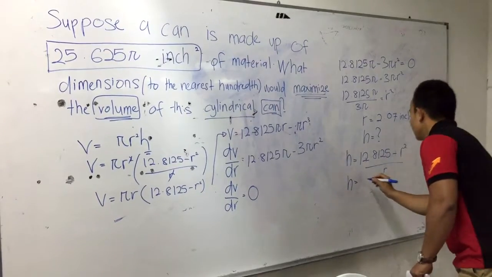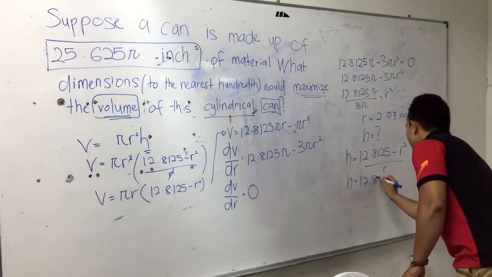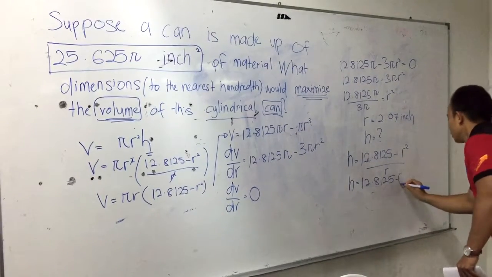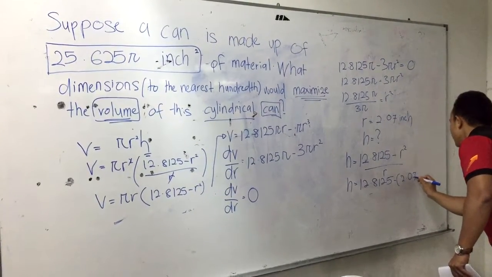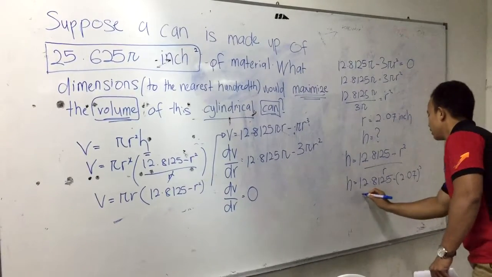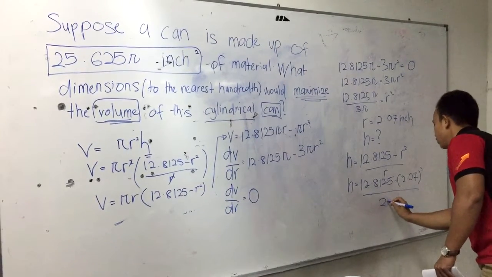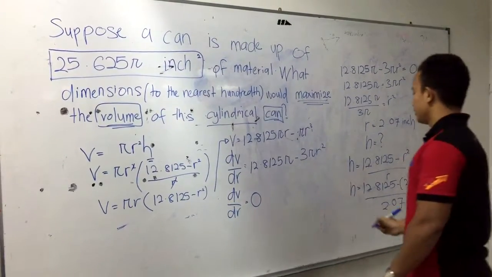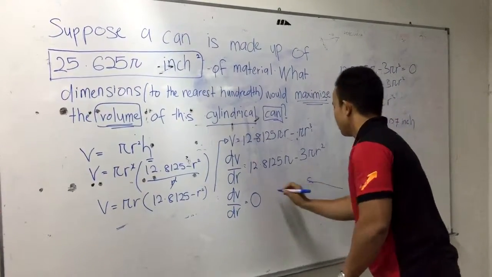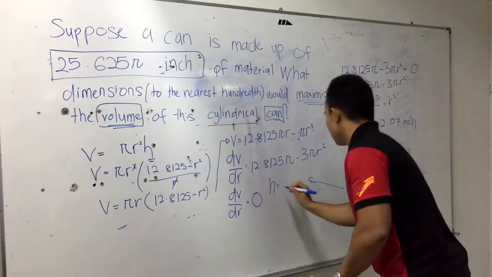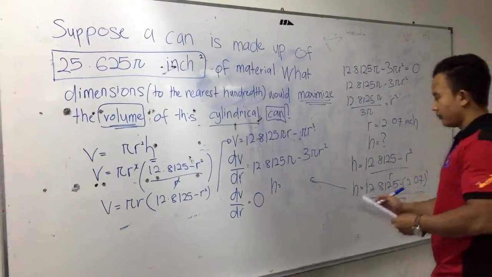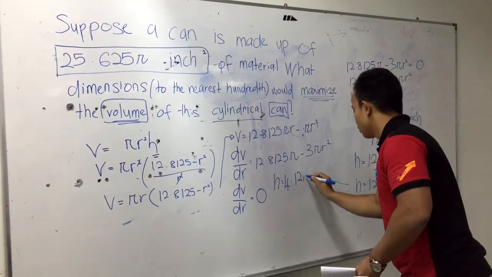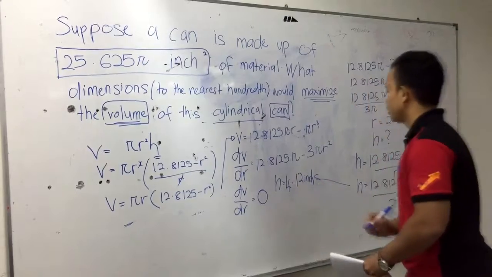Just put in the value of r, 2.07 squared divided by 2.07, and we get h as 4.12 inch.